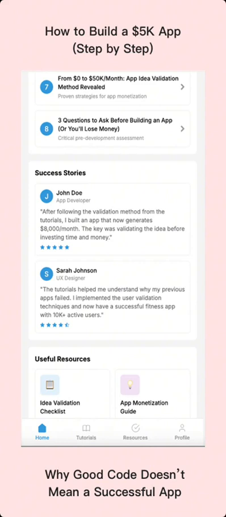The last question: are you passionate enough about this project to work on it for 6 to 12 months until you make it profitable?